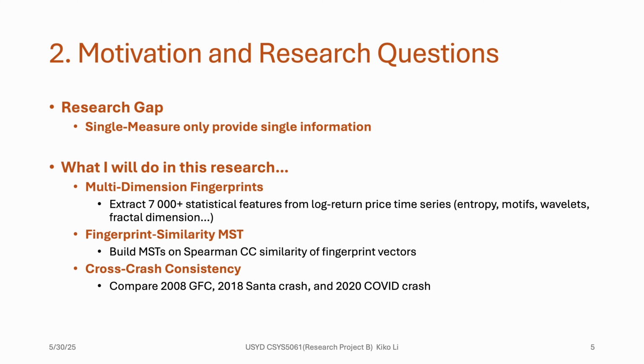Next, we compute Spearman correlation between those fingerprints and construct a minimal spanning tree to map how assets cluster and reshape under stress. Finally, we apply this approach across 3 events: the 2008 global financial crisis, the 2018 sector market crash, and the 2020 COVID-19 collapse, to test the consistency of those structural fingerprints and uncover hidden market dynamics.